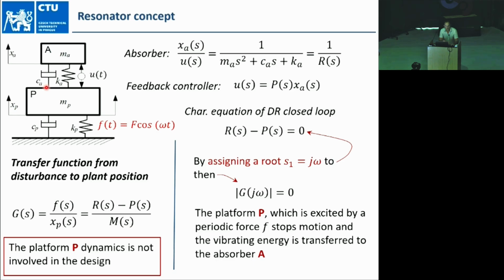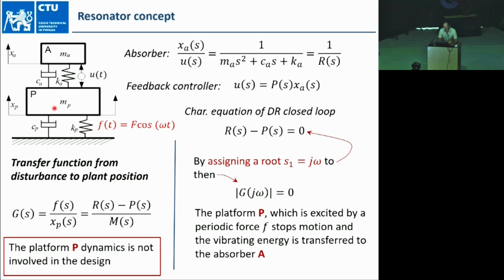To make it work better, we use active feedback U. It's important to say that the active feedback is taken only from either the position, velocity, or acceleration of the absorber, so the platform model is not involved at all.